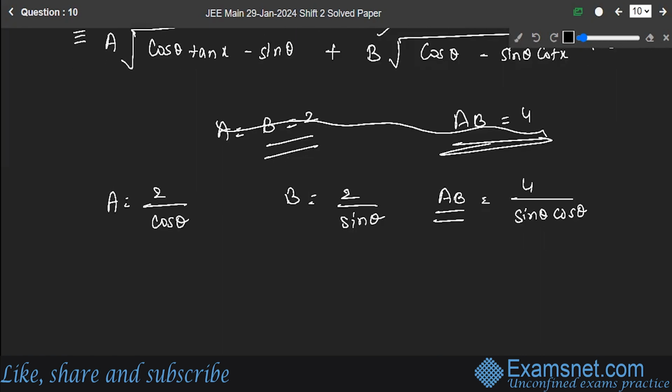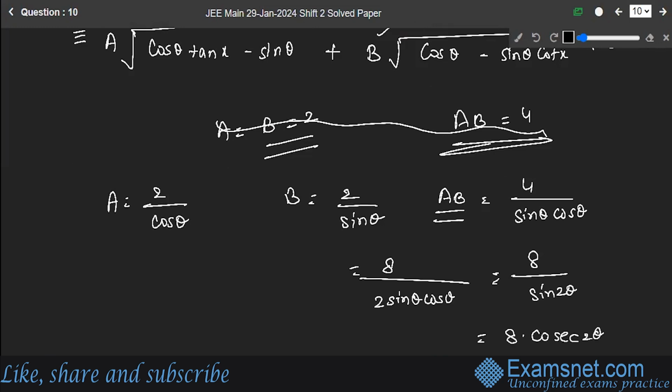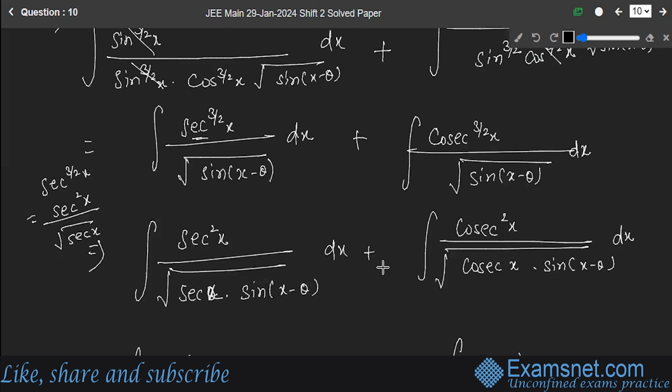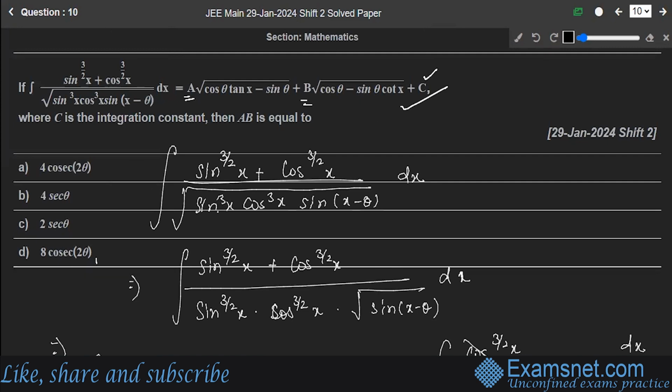This can be written as 8 upon 2 sine theta cos theta, or 8 upon sine 2 theta, or 8 into cosecant 2 theta. So this is the answer to the question, 8 into cosecant 2 theta. Here it is, option D. This is the right answer to the question.